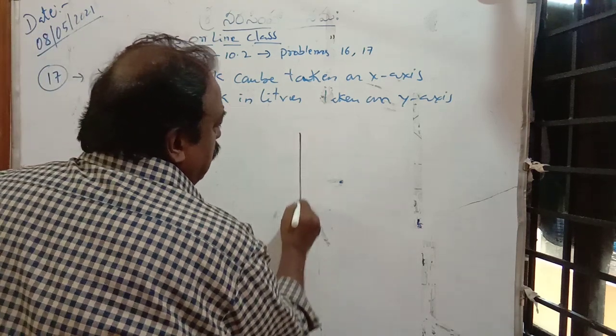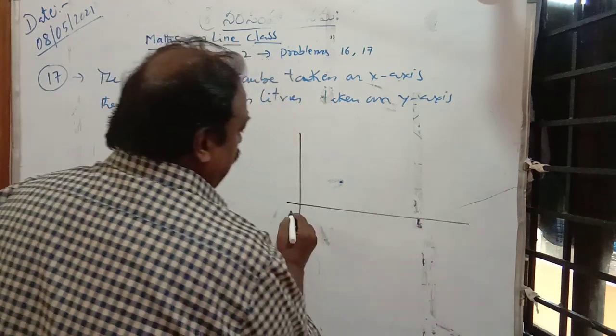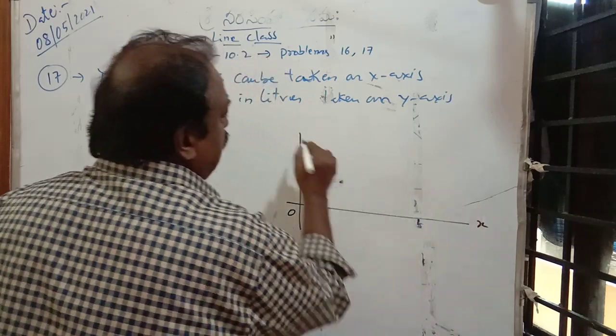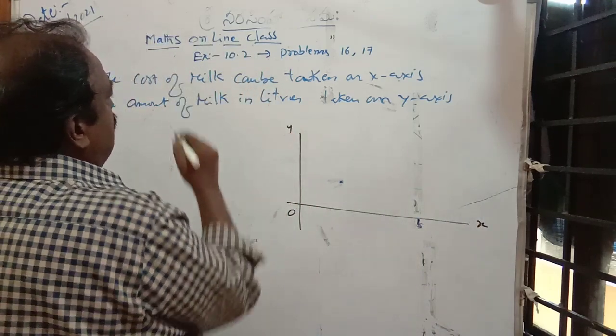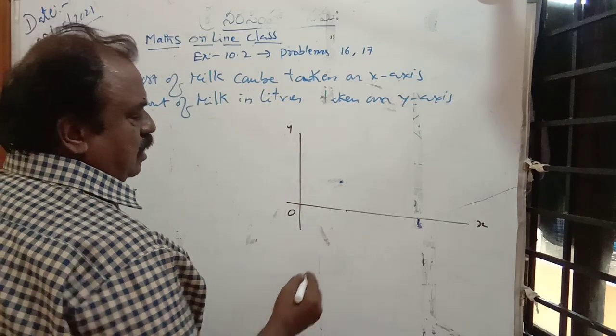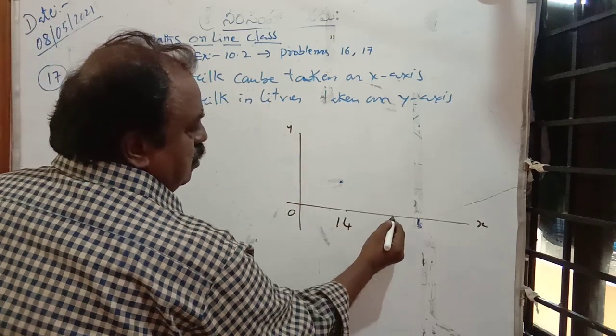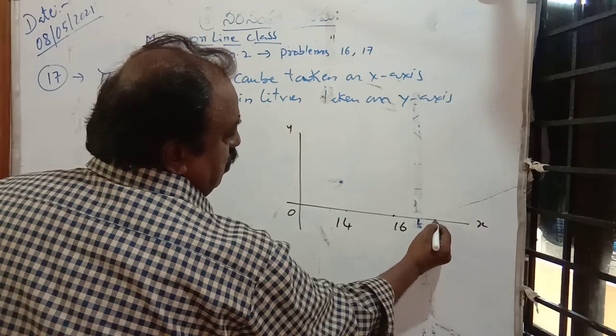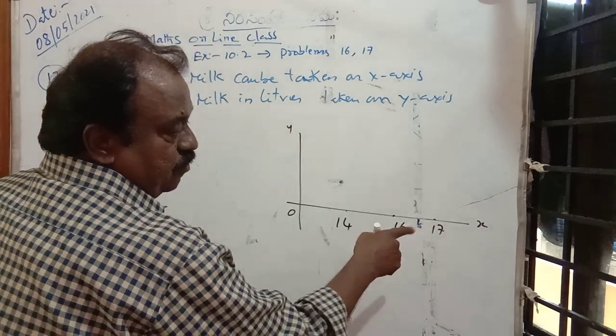You see, it is x-axis, y-axis, origin. On the x-axis, milk is the cost. It is 14, it is 16, and we need 17.